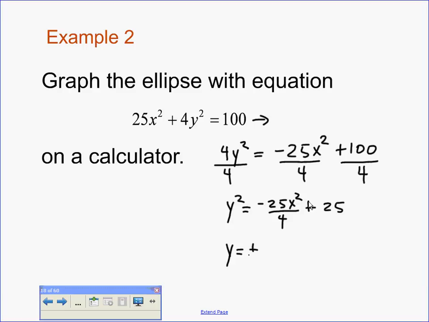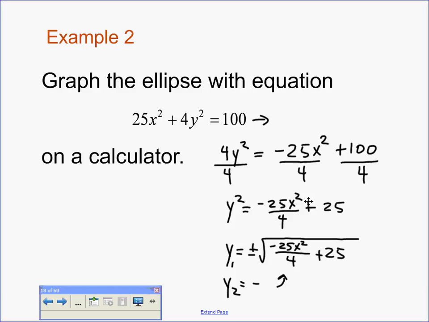And when I do that, I have plus or minus the square root of negative 25x squared over 4 plus 25. Okay, so when you do this, what you have to do in your calculator is you have to let y1 be the positive version and let y2 be the negative version of this. And you have to enter both of those equations into your calculator, or otherwise you will only get half of the graph, half of the ellipse.